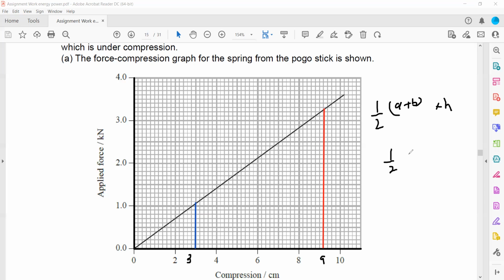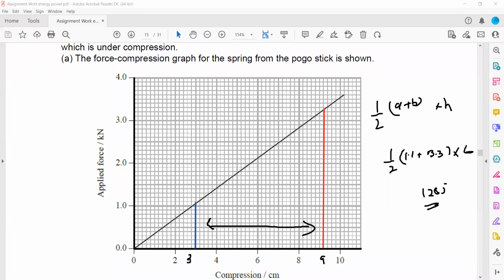So it will be 1.1 plus 3.3 and into the height, that means the distance between the two parallel sides, that is called h, which equals 6. So we substitute, we'll get about 128 joules.